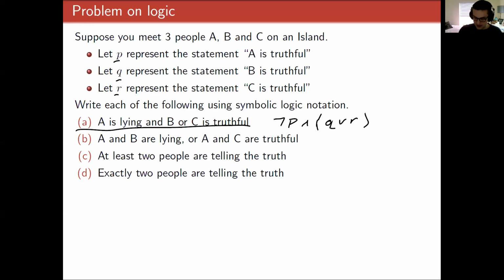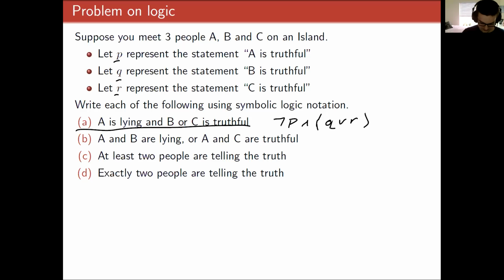So does somebody want to go through what their group got for B? That A and B are lying, or A and C are truthful? Yeah, Aiden?